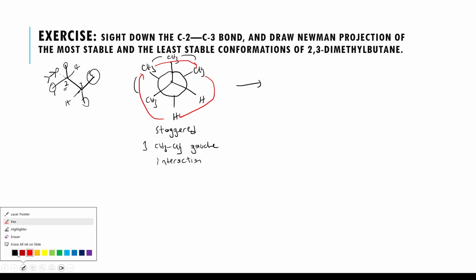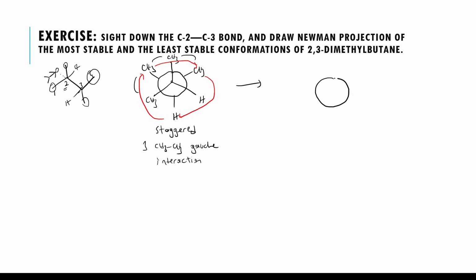So let's draw that staggered conformer. Again, we have to draw a circle for the back carbon number 3, and we have to place a dot for the front carbon number 2. The front carbon was kept stationary. We didn't rotate it, so all the groups should preserve their places, but the back carbon's groups should move 120 degrees clockwise.